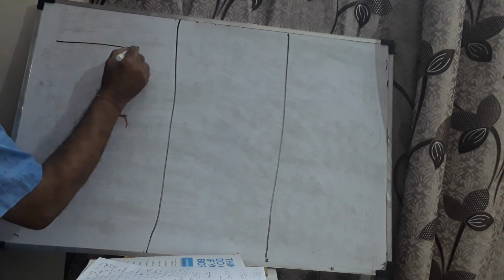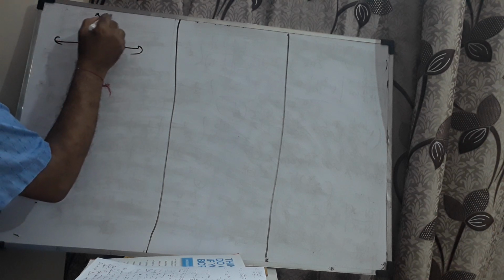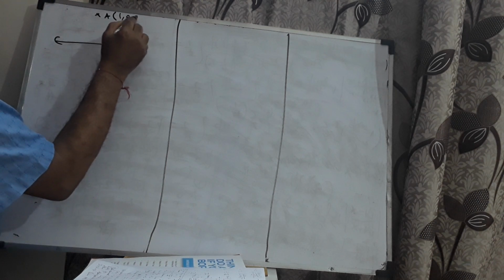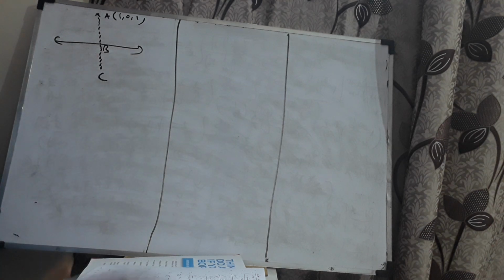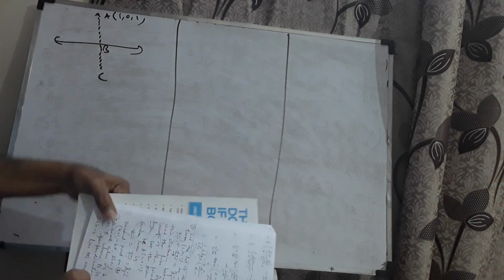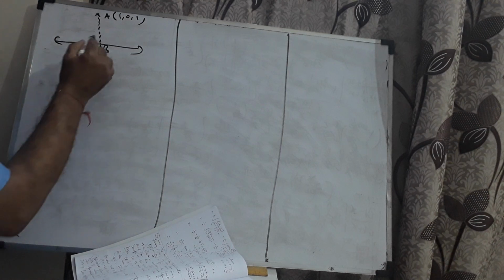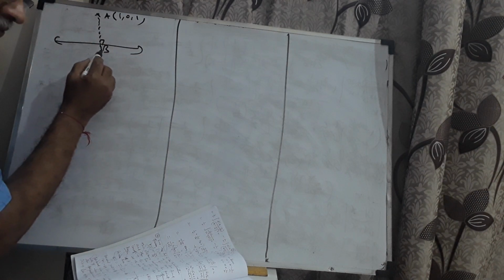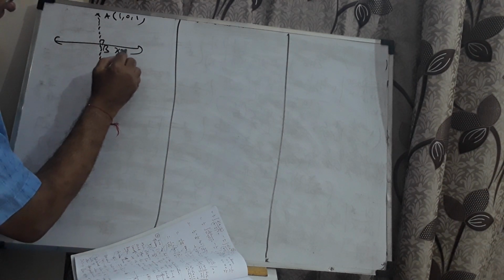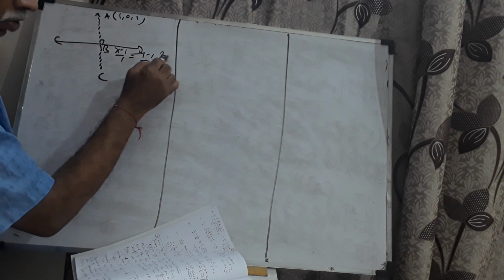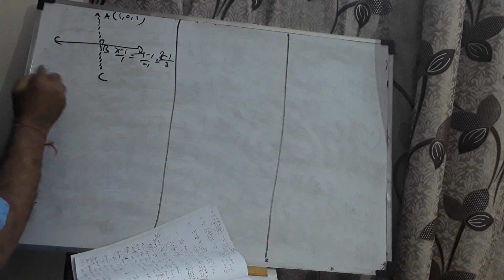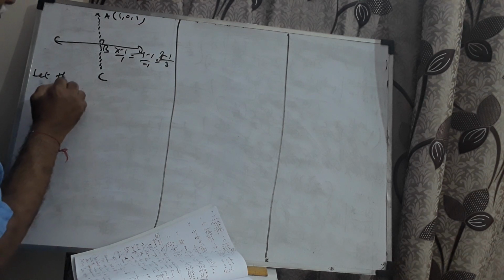Let me draw the rough diagram. I will take the given point to be A(1, 0, 1). The given line is x minus 1 by 1 is equal to y minus 1 by minus 1 is equal to z minus 1 by 3.